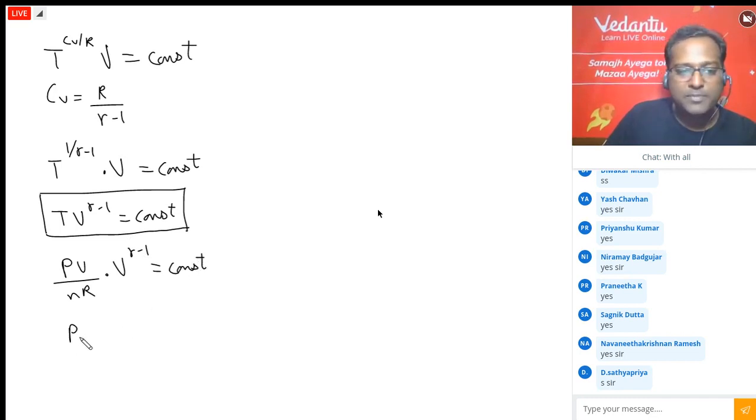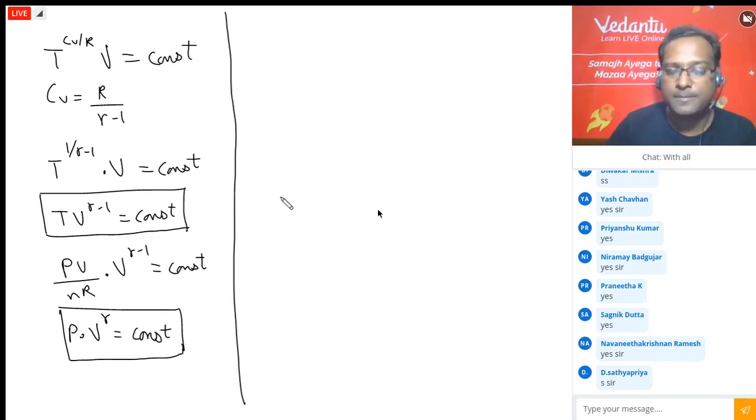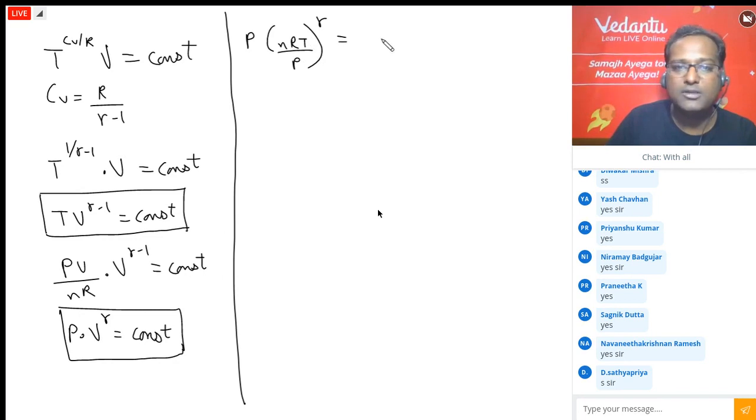So I will get P into V to the power gamma equal to a new constant, but it is a constant, so I'm writing it as constant. You can also eliminate volume altogether and get an equation in pressure and temperature. How? Volume will be eliminated by writing it as (nRT by P) to the power gamma is a constant. So please notice the math will give you this.